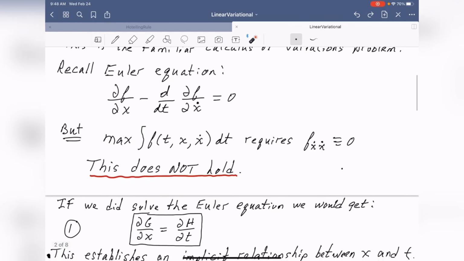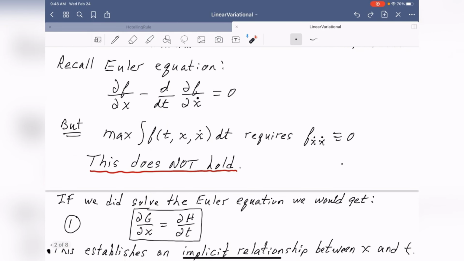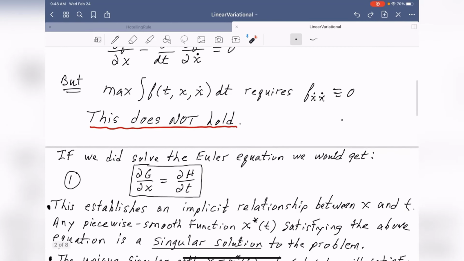Now, maximizing the integral of this function f(t, x, x dot) with respect to dt requires that the second derivative of the function with respect to x dot has to equal 0. But this does not generally hold.